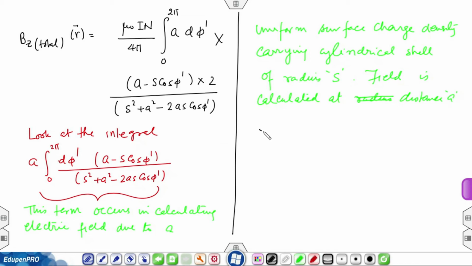So, here I have a cylinder of radius S, and I want to calculate the field at a distance A. Let us look at it from the top.